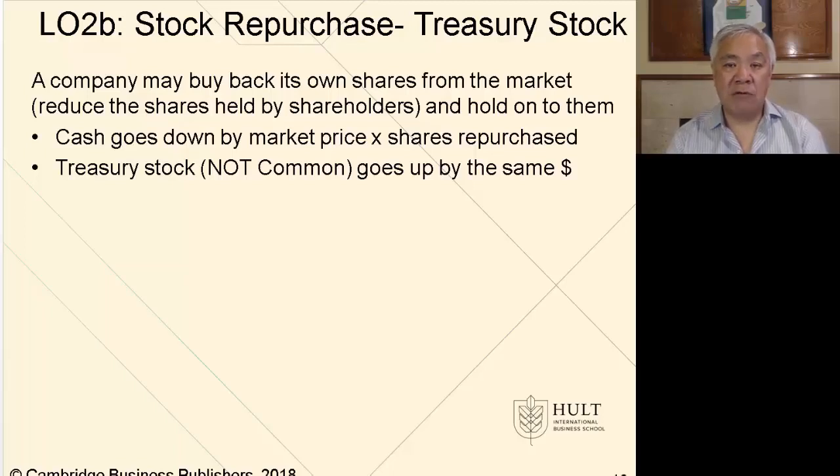But if it's our own stock we're buying, it's not that the asset goes up, it's that the common equity goes down. It's an offset to the money we got from shareholders to fund the company. In this case, when we spend money for treasury shares, cash goes down and treasury stock is a negative to the shareholders' equity section. And it's easier to look at by examples.